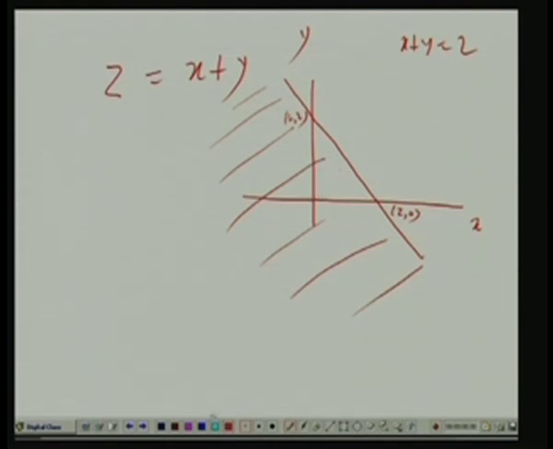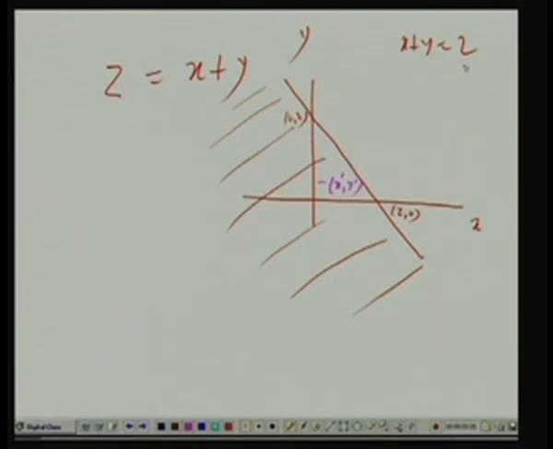That is, if you take any point here, say x prime, y prime, obviously x prime plus y prime will be less than z. Because x prime plus y prime, if you call it a constant, say z prime, will correspond to a line like this, and obviously that is less than z.